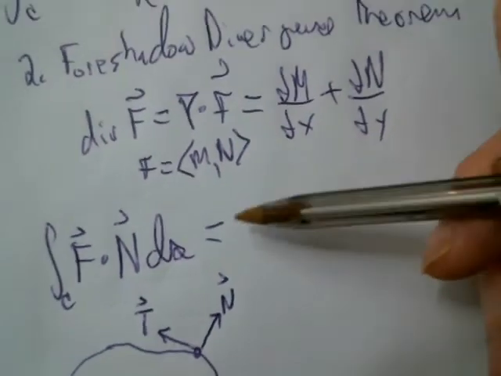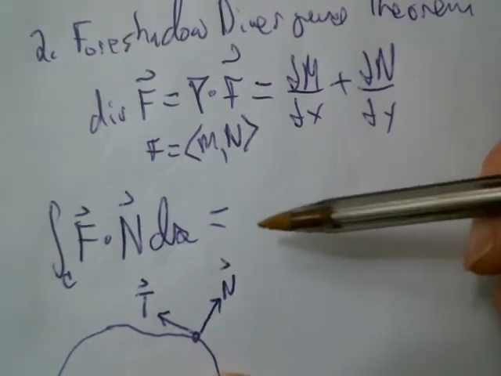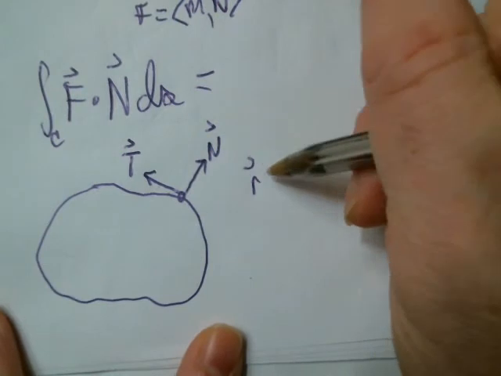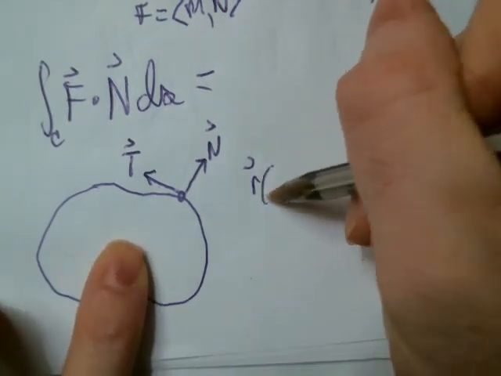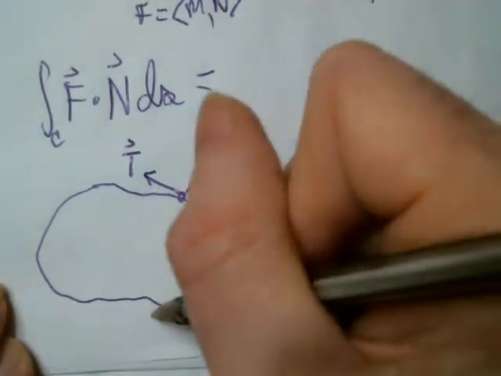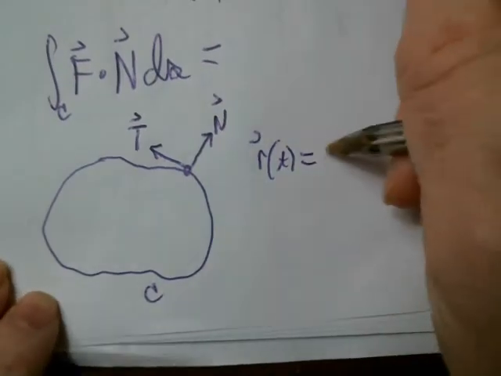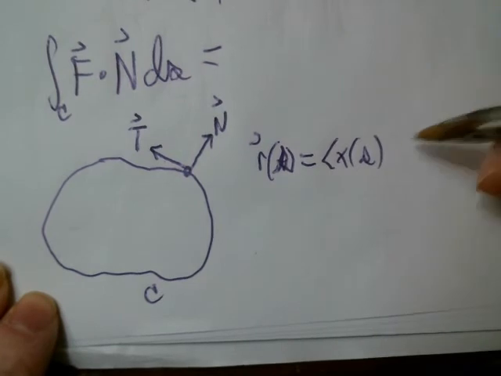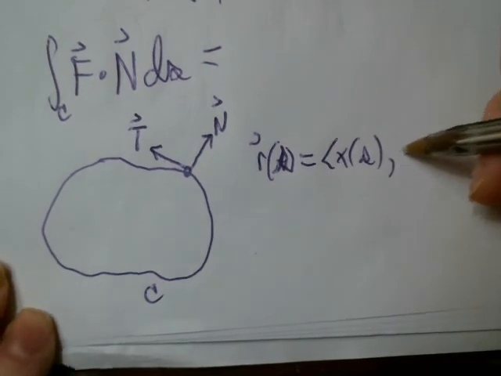But anyways, we're trying to connect this to Green's theorem, right? So in order to pull this off, I'll note that I'll be given some vector valued function for the curve C, so I can rewrite that as x of s, comma y of s, in terms of arc length.